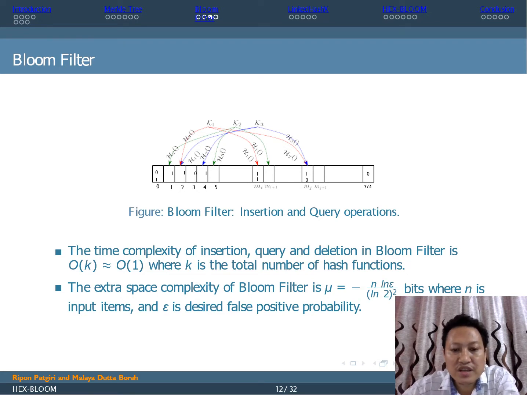The extra space complexity of a Bloom filter is mu bits. It is calculated as minus n ln epsilon divided by (ln 2) squared, where n is the total number of inputs and epsilon is the desired false positive probability.